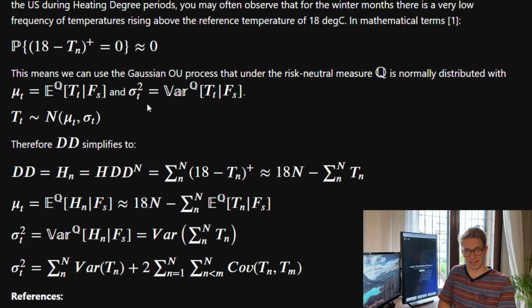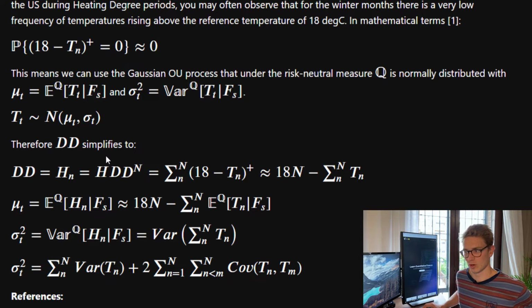Essentially, we can use the fact that we've got a Gaussian Ornstein-Uhlenbeck process under the risk neutral measure Q, that it's normally distributed, and we get our mu and then our variance equal to the following. So we've got our temperature that's normally distributed around our mu and our sigma t there.